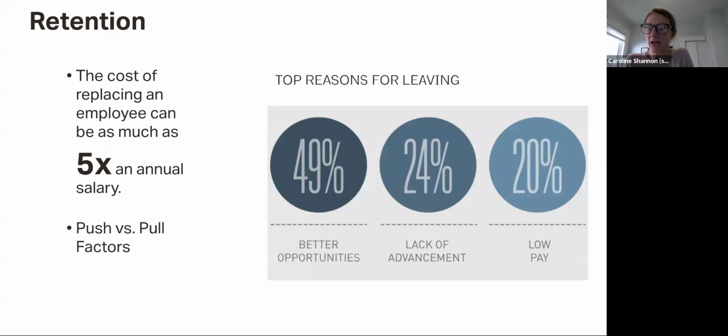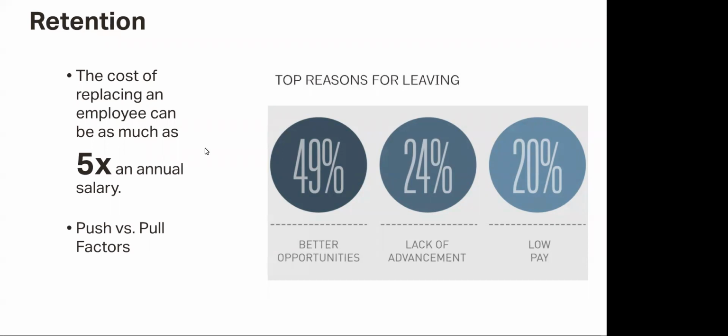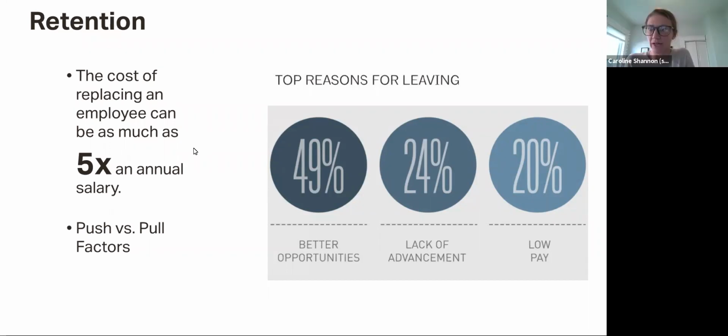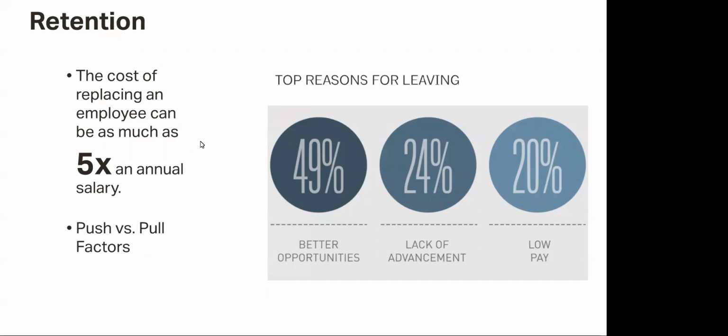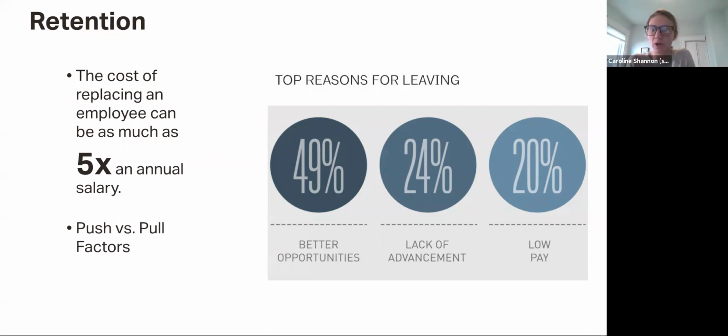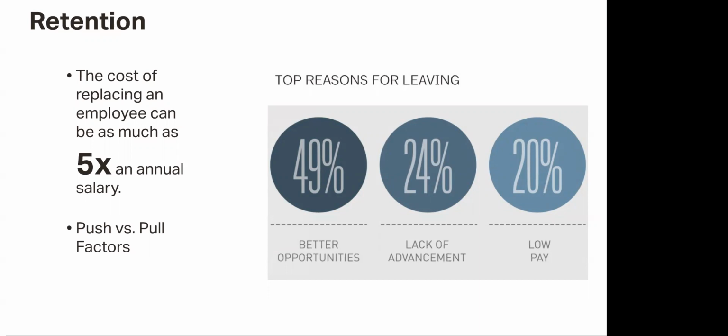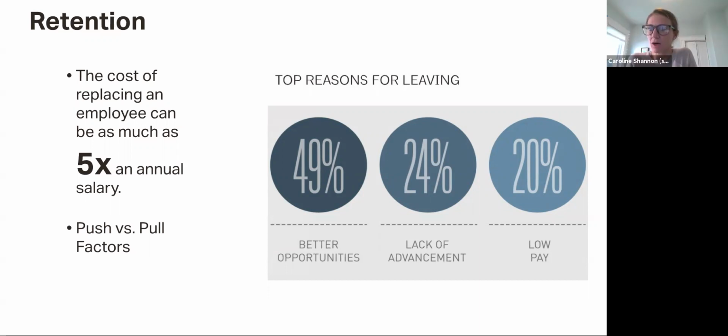So there's a big economic cost, as well as the cultural and softer impacts that might be harder to measure. There's a real financial one. And so I think keeping this in mind and reminding others of this as needed is an important one. And then thinking about the push versus pull factors. So are people leaving, or are you thinking of leaving because something else looks really great, or because there's certain things that are making you feel unhappy or uncomfortable or disengaged in your current practice?